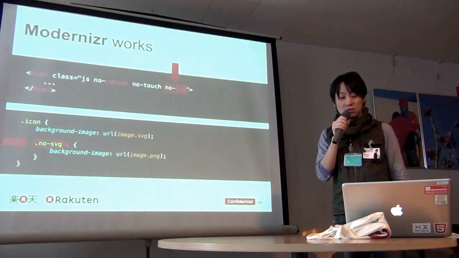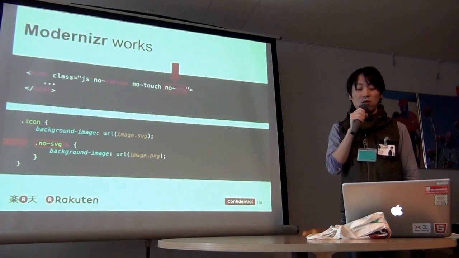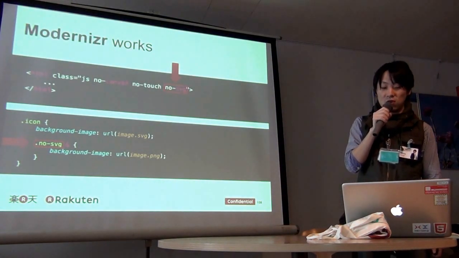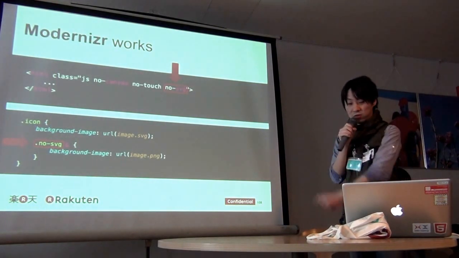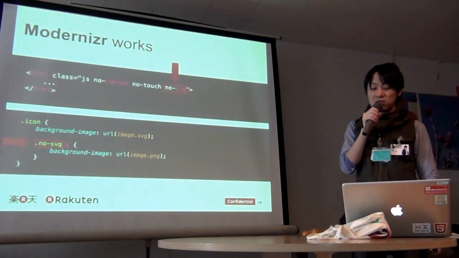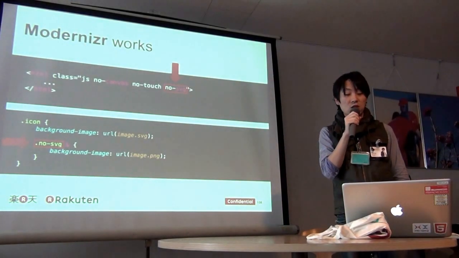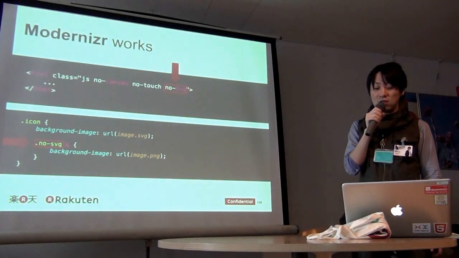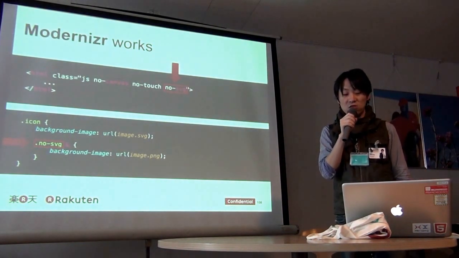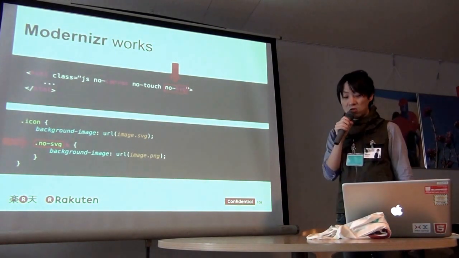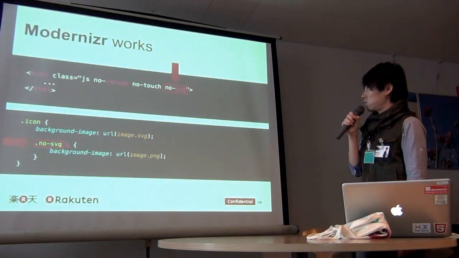This is example code. Modernizr adds classes to the HTML tag depending on the browser features like this. If the browser does not support SVG, a no-svg class is added to the HTML tag, so we can easily show an alternative image using the classes.